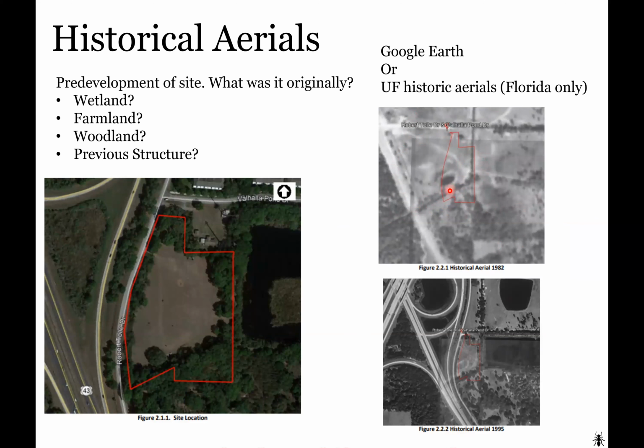You can also see that there seems to be this dark depressional area here that could be a low-lying body of water, or a wetland, or an existing sinkhole that we don't see in today's map. And you don't see that when they built the highway. We also see that nowadays, in the current map, we have this big pond or water feature here, and we didn't have that in the existing one.